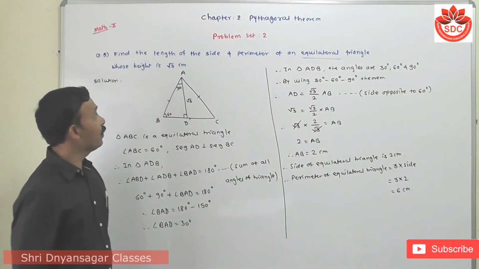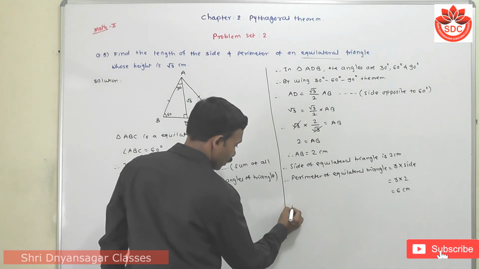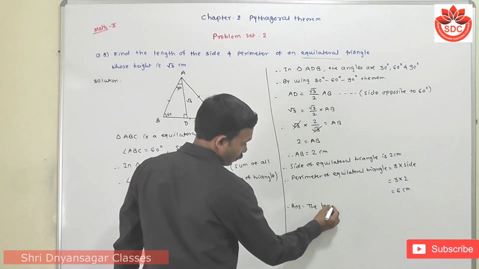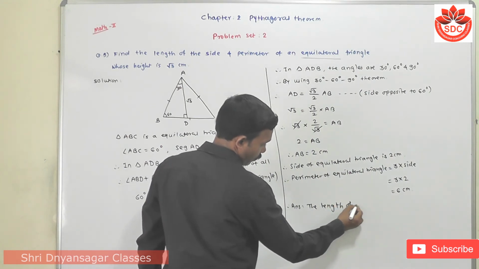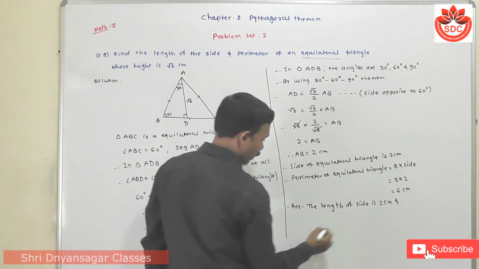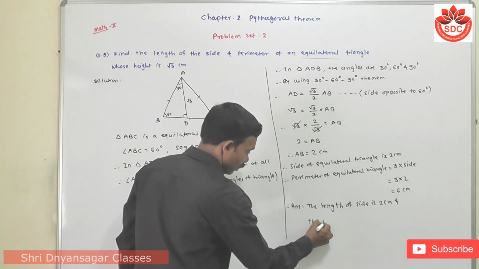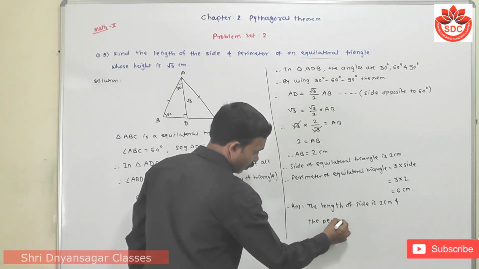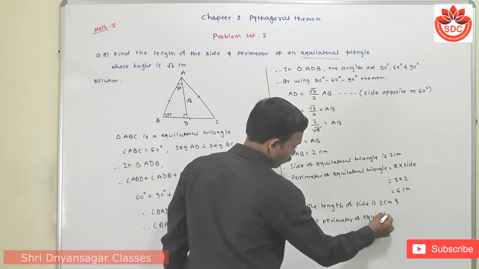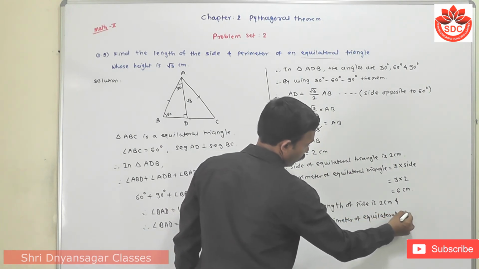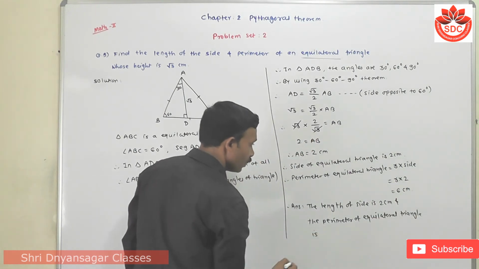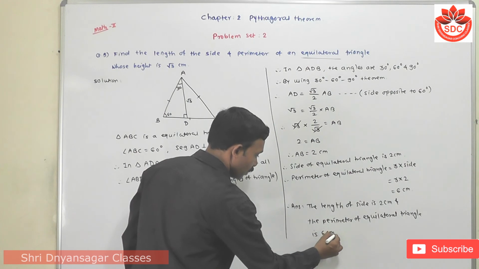Therefore the answer in full: the length of the side is 2 centimeter and the perimeter of the equilateral triangle is 6 centimeter.